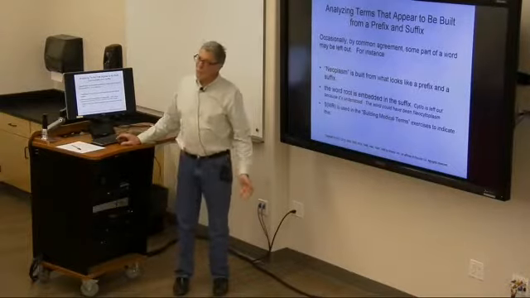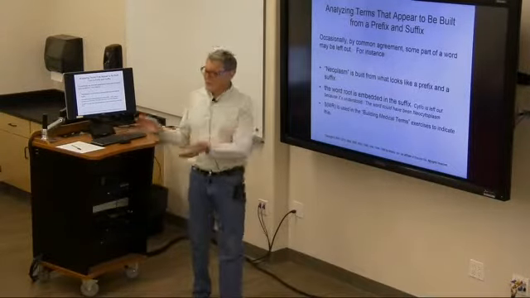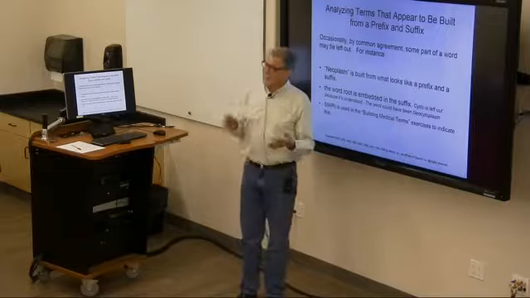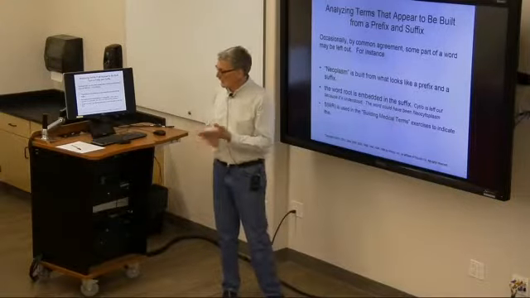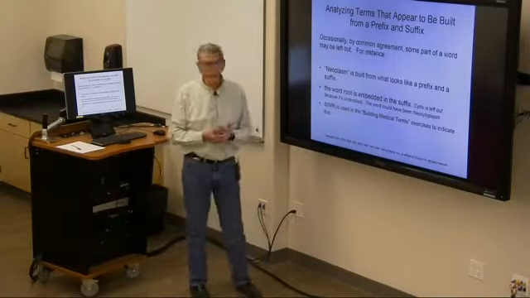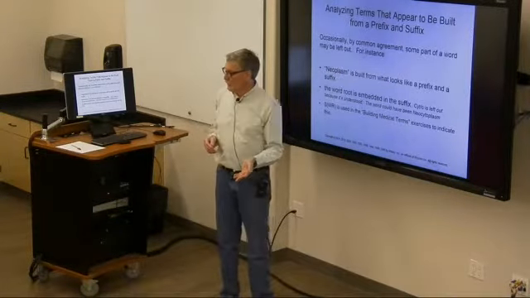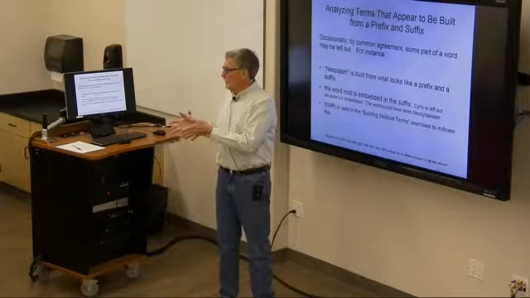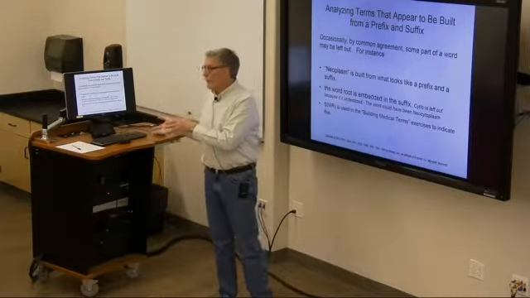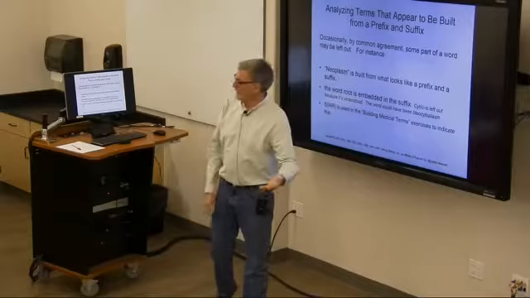Now there are a couple of terms here that are kind of built from word parts, but they are a little strange in that it seems like they're missing something. For instance, neoplasm: neo means new, that's a prefix, and plasm is a suffix.